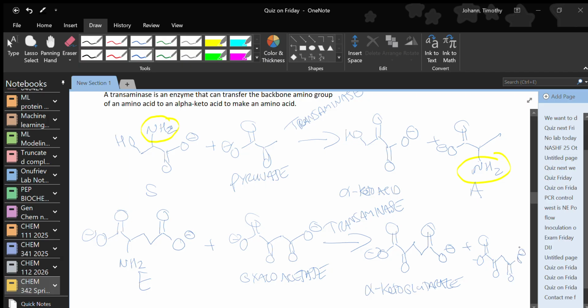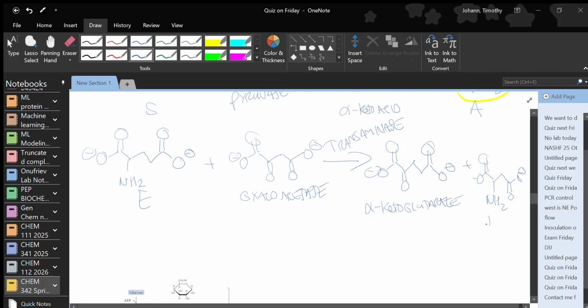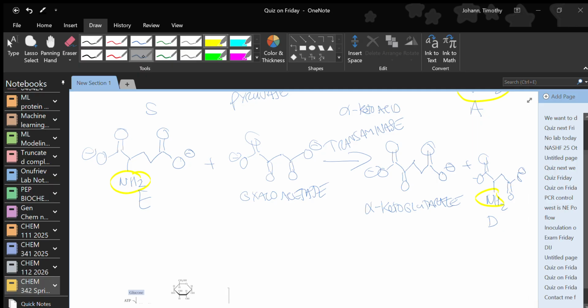Okay. So you need to know how to do it: it's this amine to this amine. It's still primary, the backbone amine to the backbone amine position.